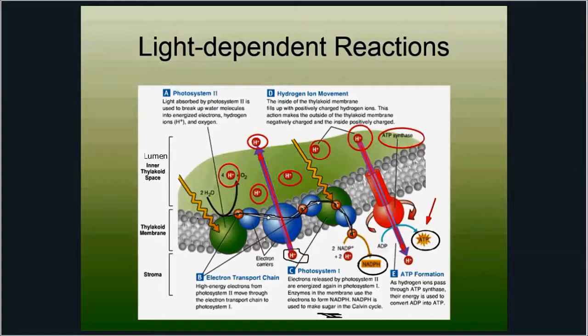So as hydrogen ions pass through the ATP synthase molecule, this energy is used to convert ADP into ATP. So again, this is a lot of information. The important things are that water and light are used to make energy, ATP. The NADPH and the ATP are going to go on to the Calvin cycle.